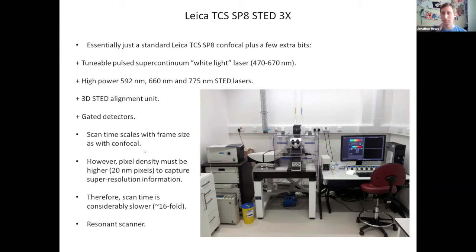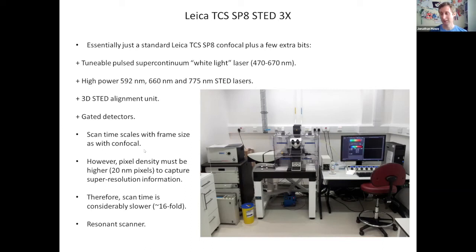One thing to remember is, just like with a regular confocal, the scan time scales with the frame size. However, because we're hoping to achieve higher resolution, you need even smaller pixels than you would in regular diffraction limited confocal imaging. And this is to ensure that you have Nyquist sampling.